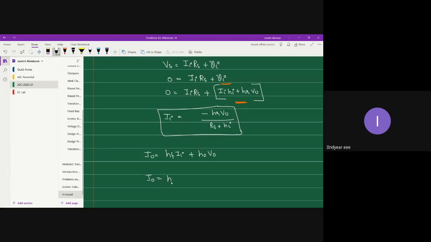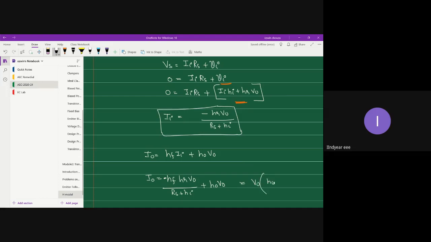So what I will do, I'll write HF here, and in place of II, I have my above equation. So it is minus HR V naught divided by RS plus HI plus H naught into V naught. Take V naught outside the bracket.